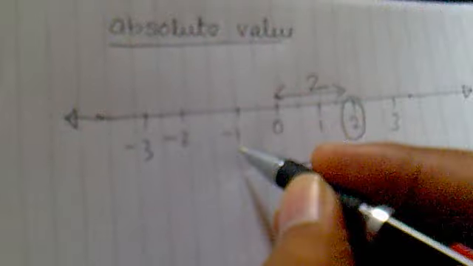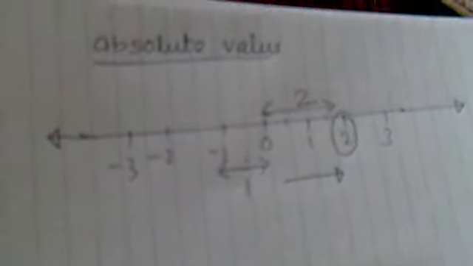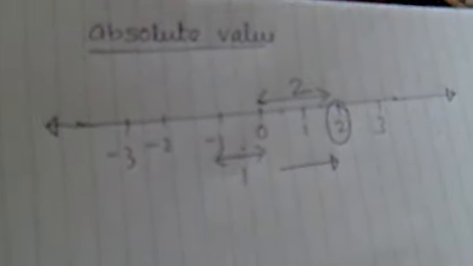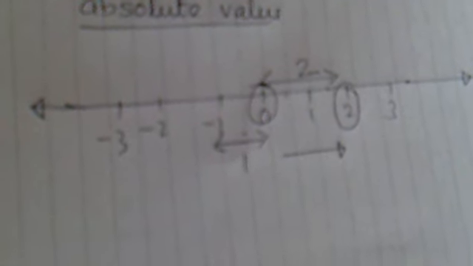If we ask what is the distance of -1 from 0, we will say it is 1. The distance is positive. -1 is at distance 1 from 0. What is the distance of 0 from 0? We will say it is 0.